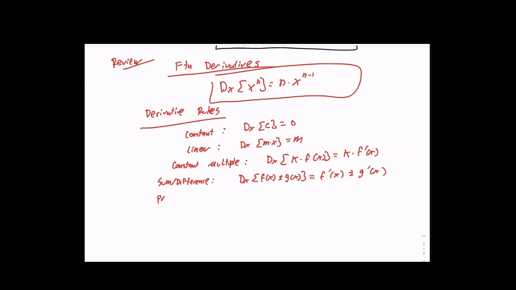We have the product rule. The derivative of a function times another function is the derivative of the first function times the second function, plus the derivative of the second function times the first function.